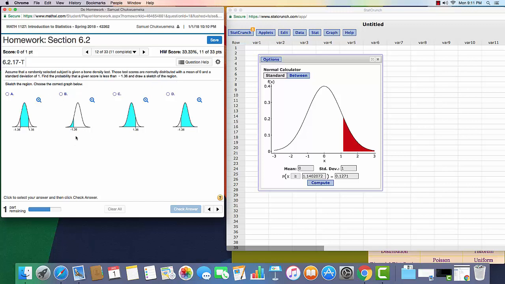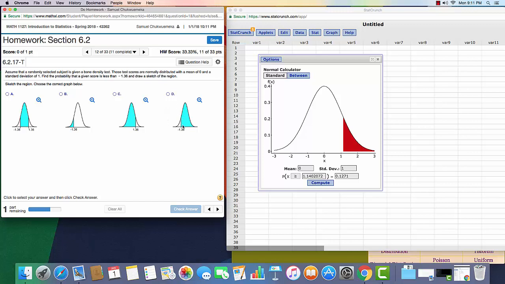So less than negative 1.36 is just the area less than, okay? Option A is the area between negative 1.36 and 1.36. Option B is the area less than negative 1.36. Option C is the area less than 1.36.